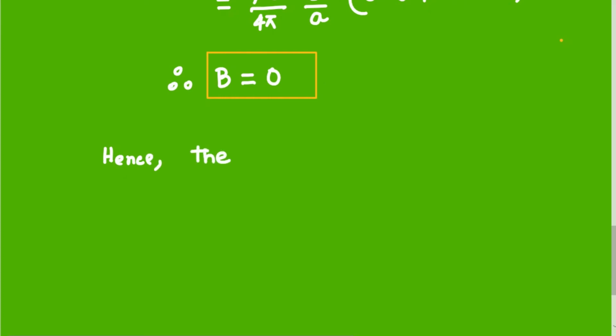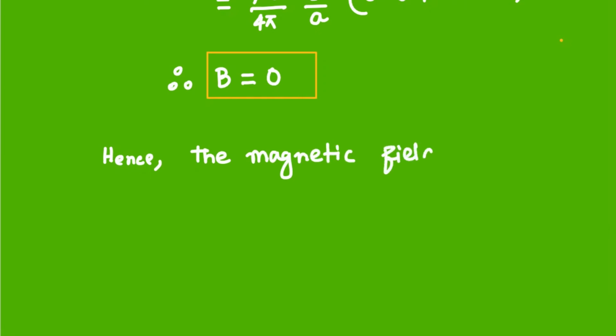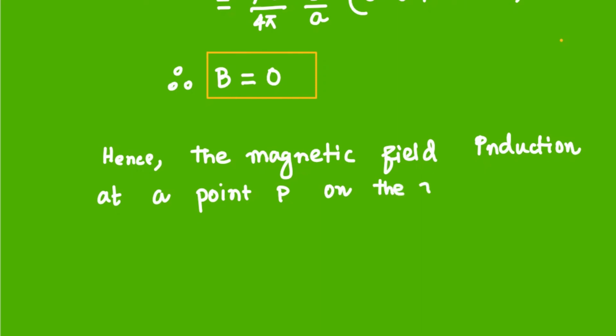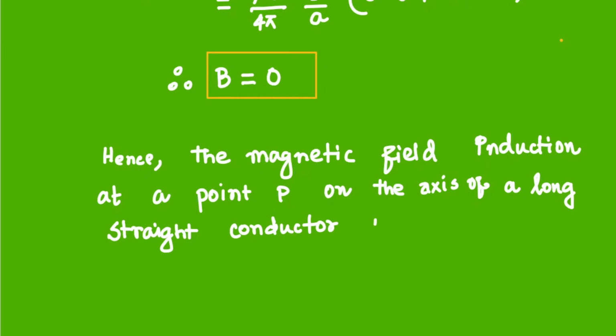Hence, the magnetic field induction at a point P on the axis of a current carrying straight conductor, or long straight conductor, is 0.